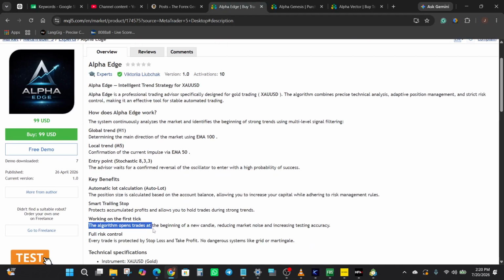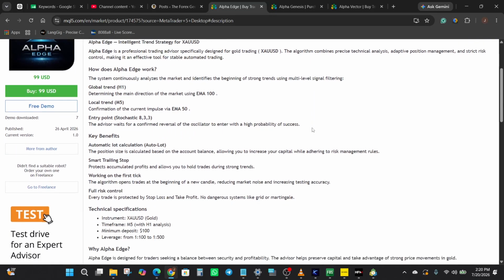The algorithm opens trades at the beginning of a new candle, reducing market noise and increasing testing accuracy. So the intention behind this approach is to reduce intrabar market noise and provide more consistent execution during both live trading and historical testing. When evaluating an expert advisor like Alpha Edge, traders should pay close attention to several important performance metrics during back testing.